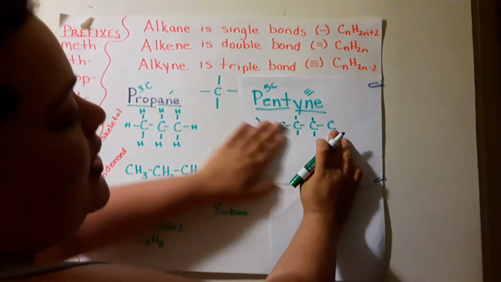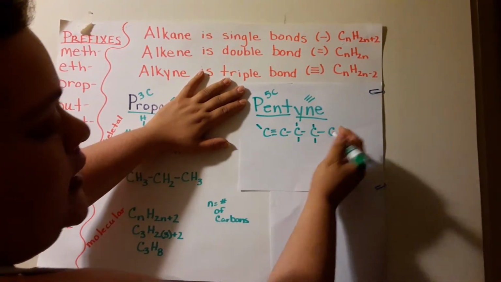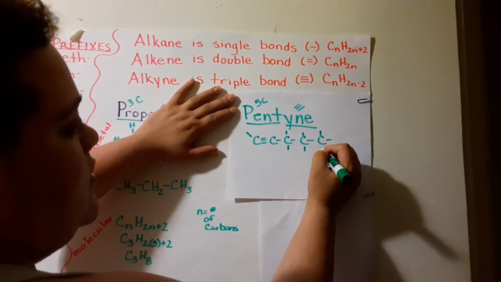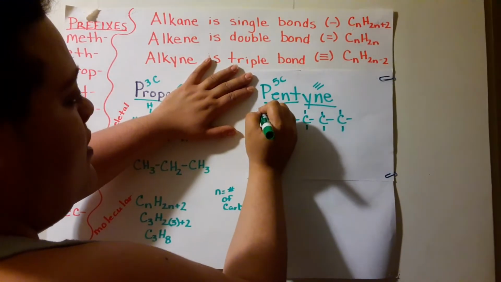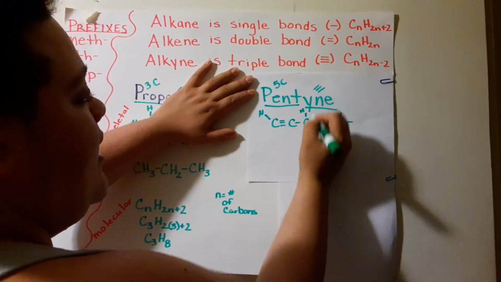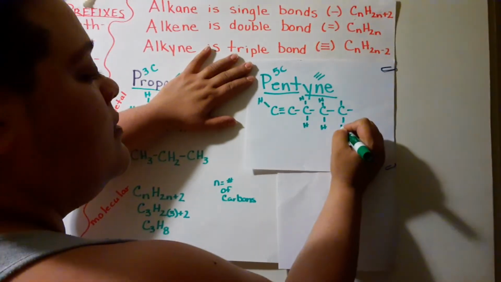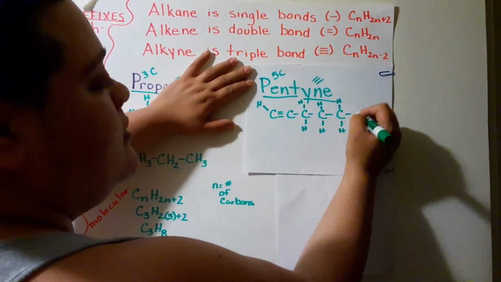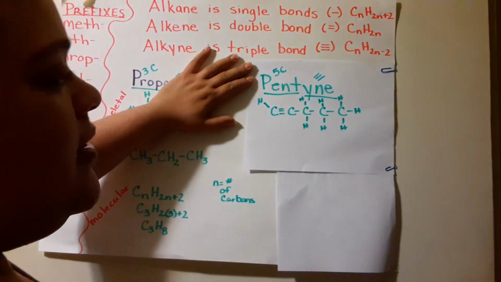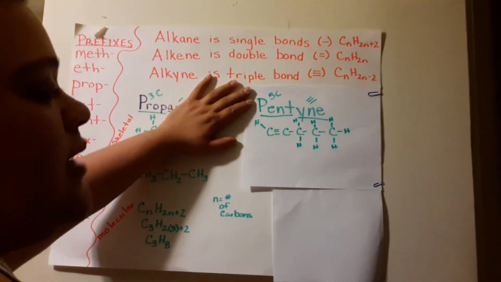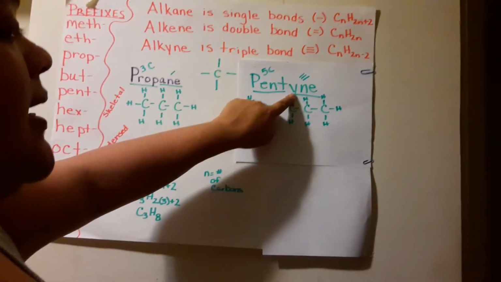And then our very last carbon only has 1, so we'll go ahead and fill in those 3. Go ahead, add your H's for your hydrogens. So there is the completion of your skeletal structure for pentyne.